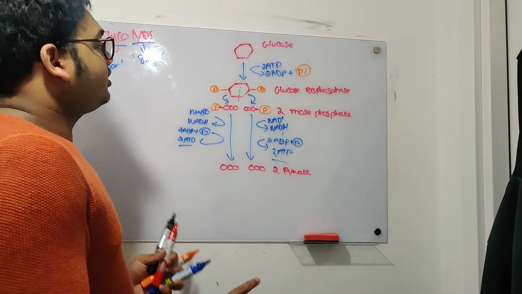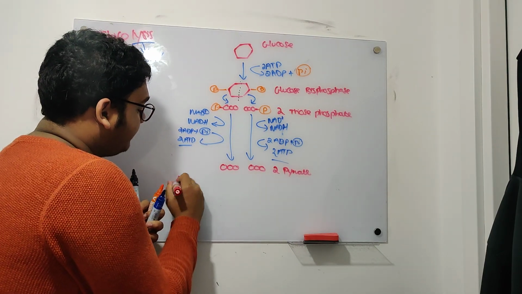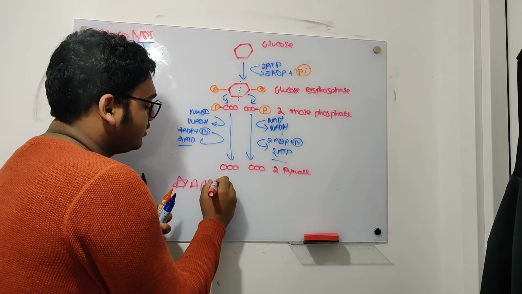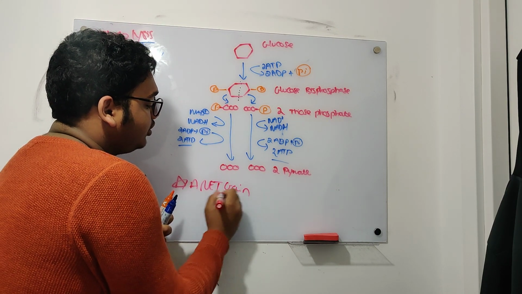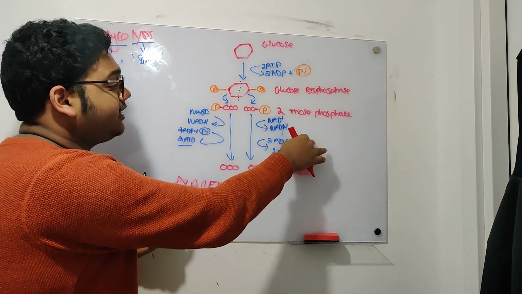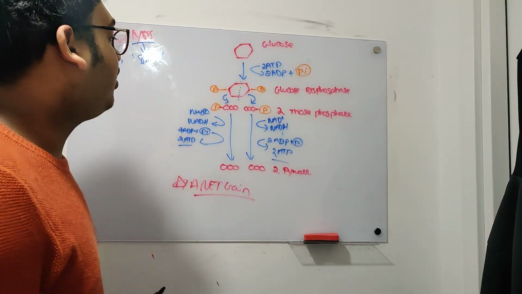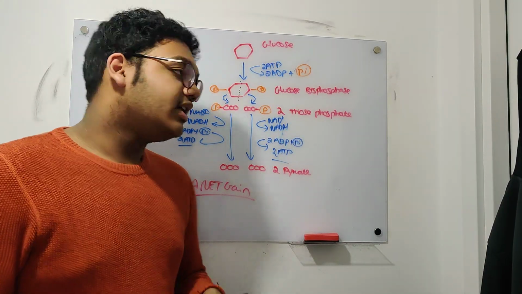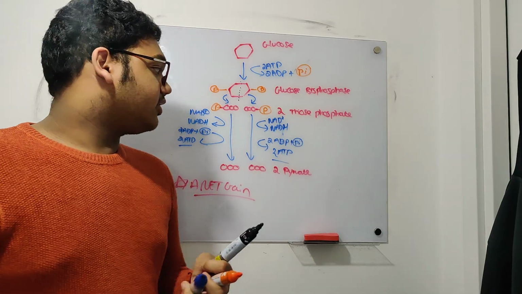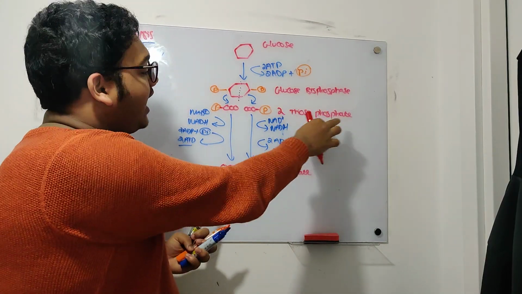Now, one thing that you need to know for our spec is that we have a net gain of 2 different products. The first product we have is NADH. We haven't seen NADH being used anywhere else in glycolysis, and this is the first mention of it. It's not being reduced or used up. We're forming NADH.